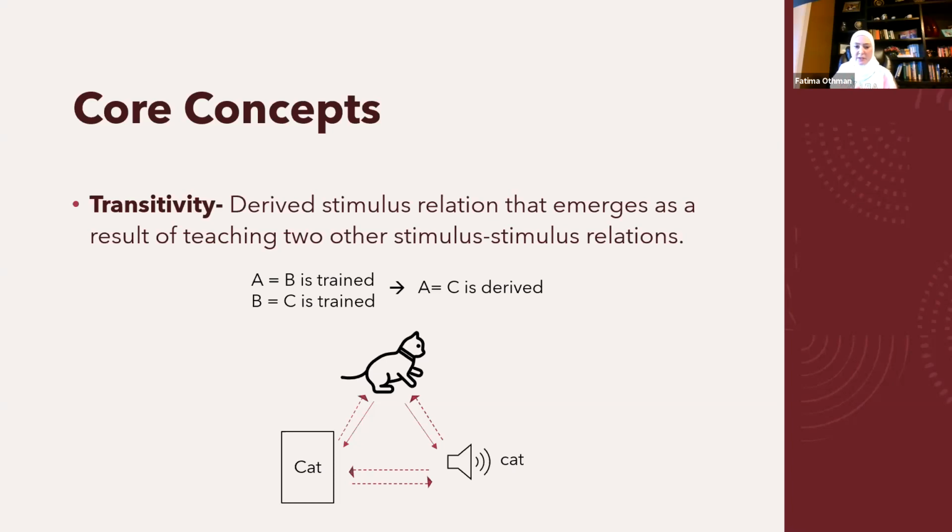So this is why stimulus equivalence is a good method to teach, because it's a lot more efficient. And not only that, but you cannot possibly teach every SD and every response. So clinically speaking, this is a really efficient way to teach.